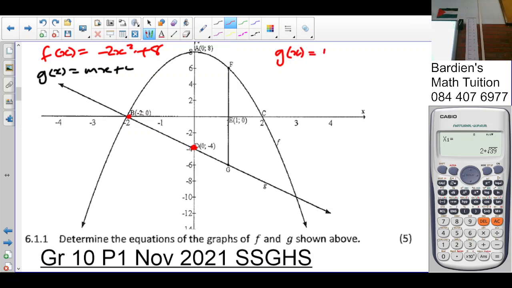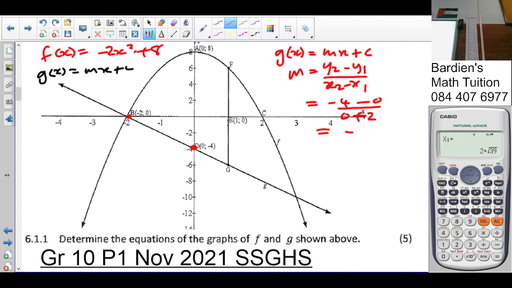It's y2 minus y1 over x2 minus x1, which is my gradient, change in y over change in x. So it's minus 4 minus 0 over 0 minus minus 2, which is negative 2, which explains why the graph is decreasing. And it has a c value of minus 4. So g of x is equal to minus 2x minus 4.